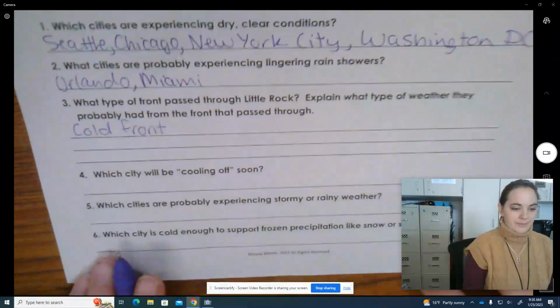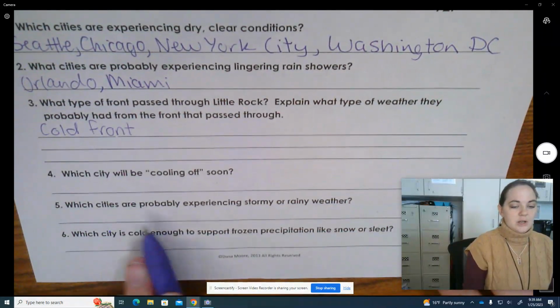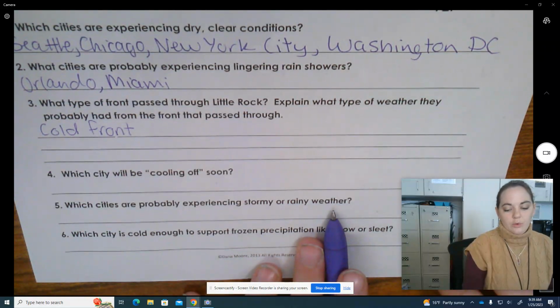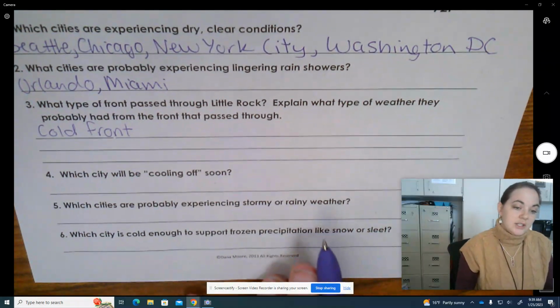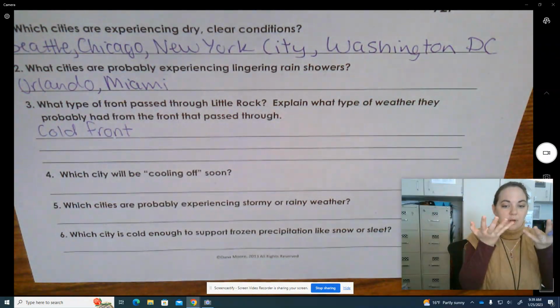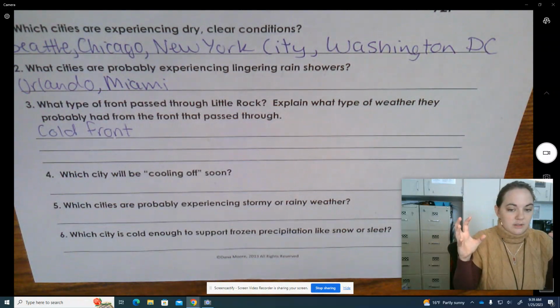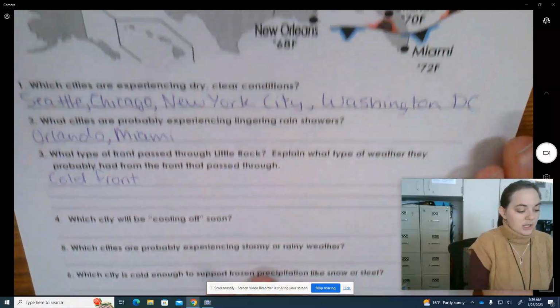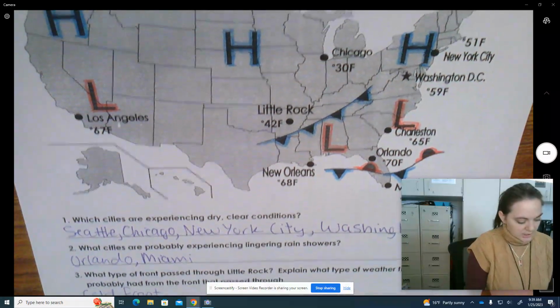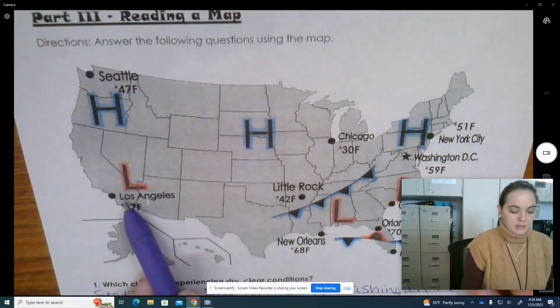Number 5. Which cities are probably experiencing stormy or rainy weather? Well, we know that in a low pressure system, density is decreased, water can evaporate and make clouds. So you're going to look in all of your low pressure systems. You have a low pressure over here.